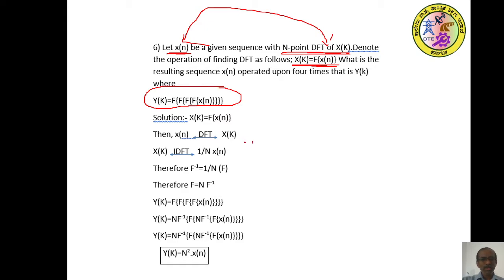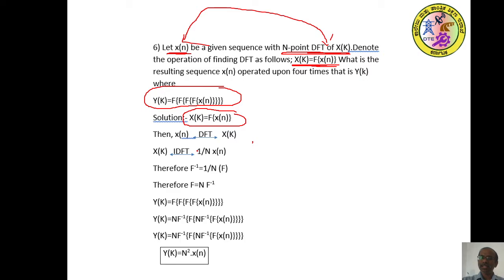So the first important way of understanding is to write down the relation they have given. X(k) is equal to F of x(n). Means when I apply DFT on x(n), I get an answer X(k). Reverse is true. X(k), if I take IDFT, it becomes 1 by N into x(n).